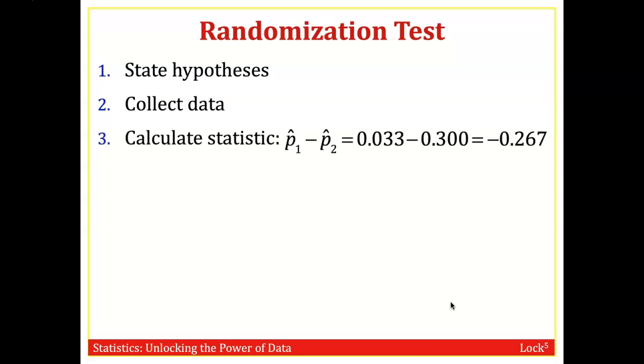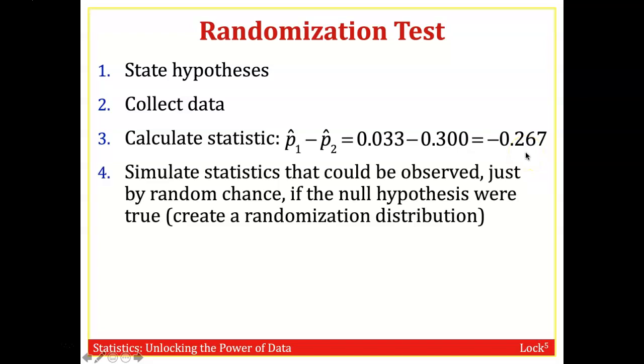This is from the actual data, and we want to see if this difference of minus 0.267, that is a much lower incidence of prostate cancer in the green tea group than in the placebo group, is likely to be explained by chance. So to simulate the statistics that could be observed just by random chance, if the null hypothesis were true, we're going to create a randomization distribution.